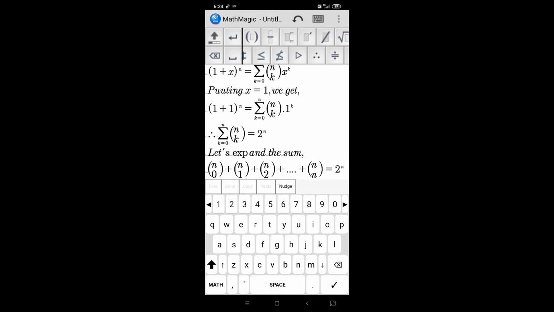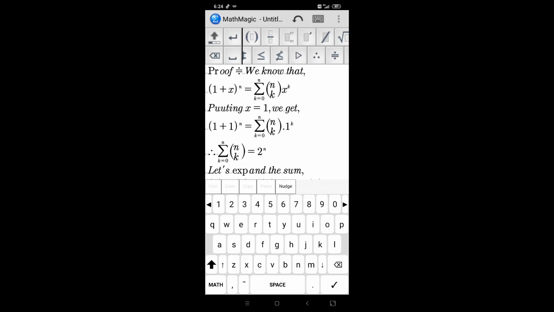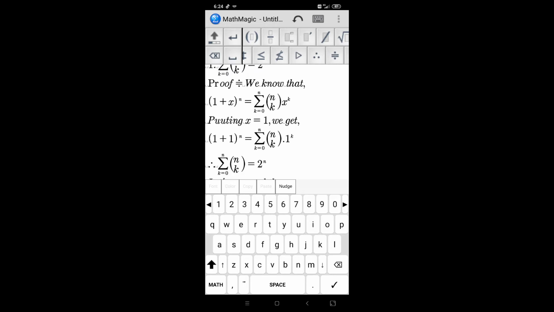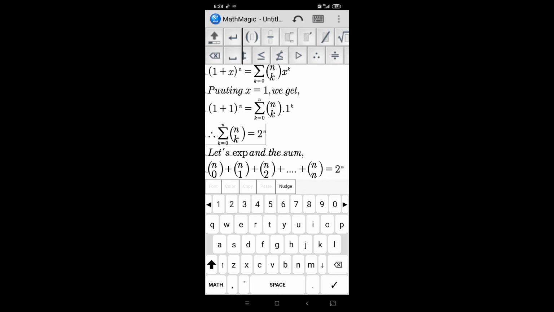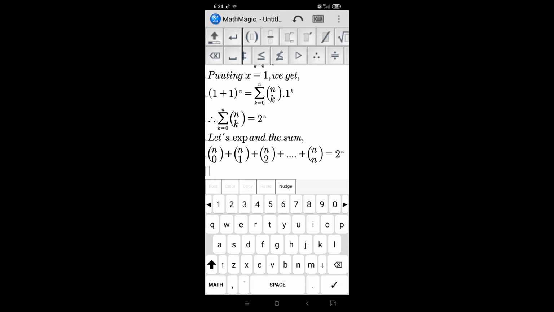This sum depends on n, right? If you put any value of n, the sum will be 2 to the n. So this is the first identity we had to prove.